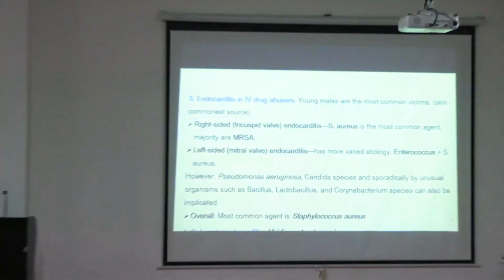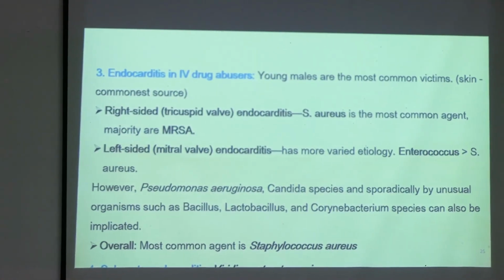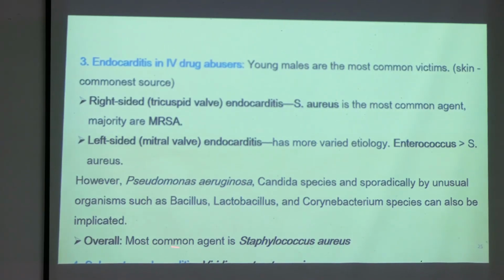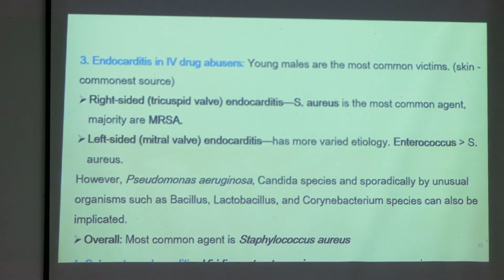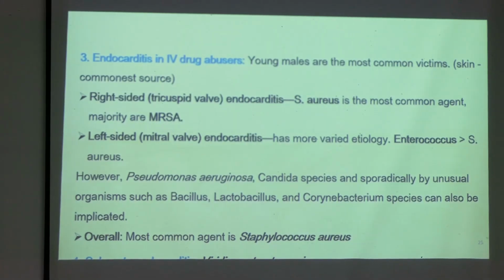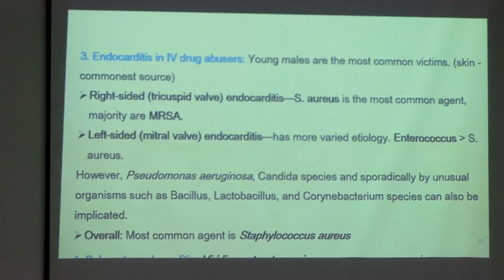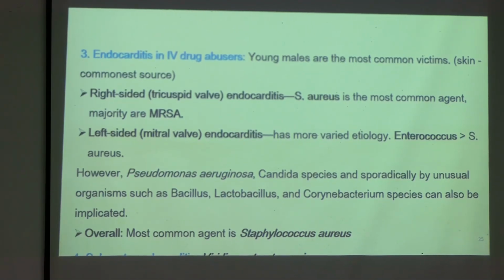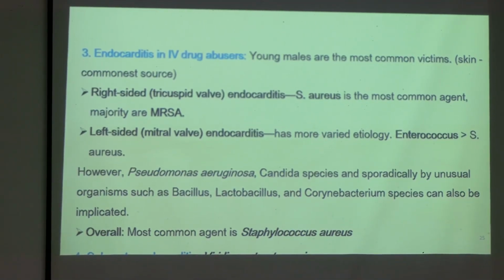So most common is your Staph aureus, and if it is left sided mitral valve, then most common is your Enterococcus species. Then overall you have the Staphylococcus aureus for IV drug users. And if it is subacute infective endocarditis, it is the Viridans streptococci again.